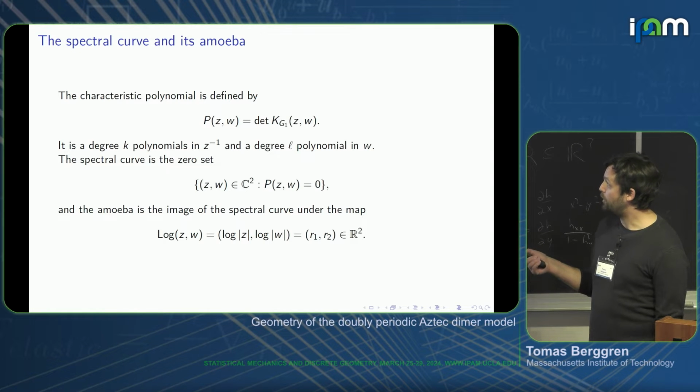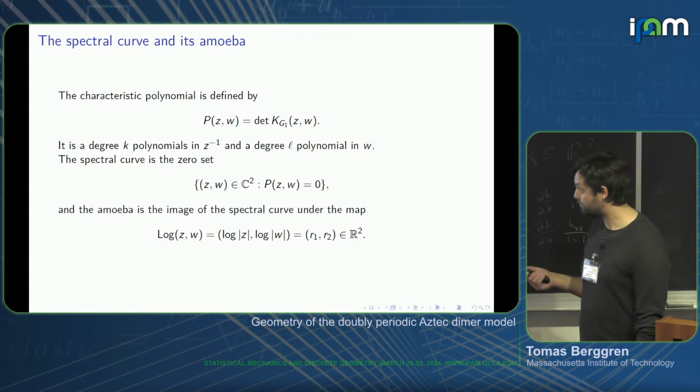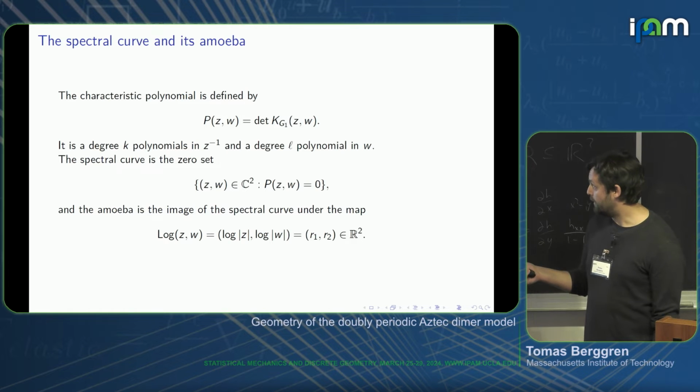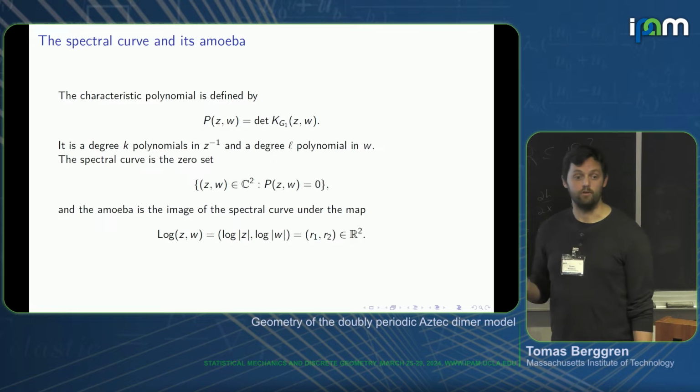So this is a polynomial in the variables Z inverse and W. It's a degree k polynomial in Z inverse, and a degree L polynomial in the variable W. And the zero set as a subset in C2 is the spectral curve.